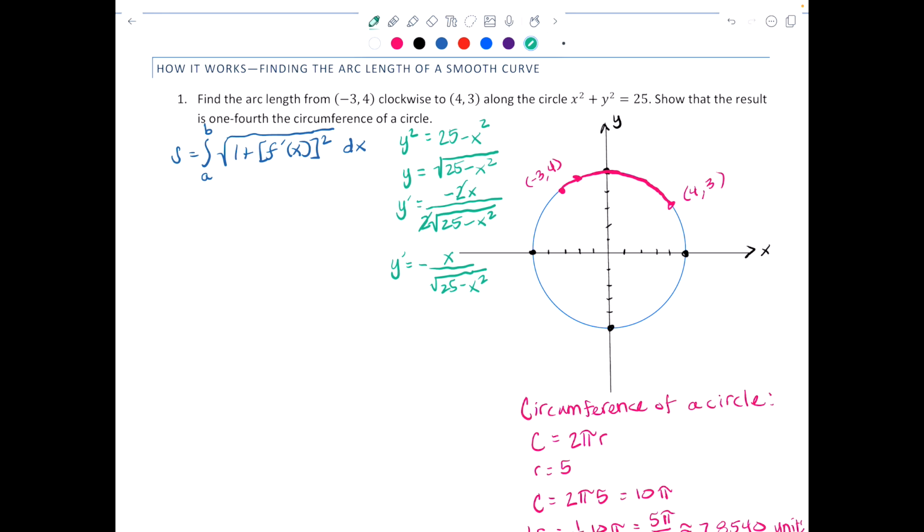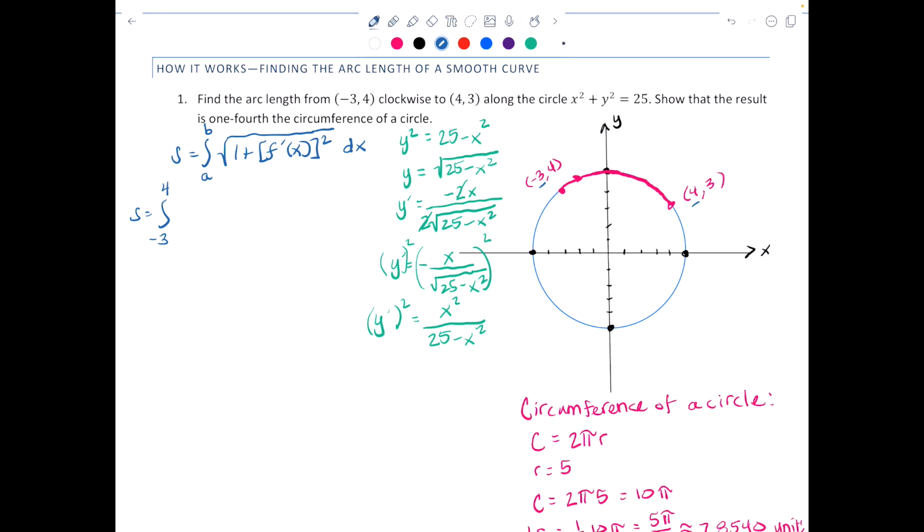Now, that needs to be squared, doesn't it? So if I square both sides, y prime squared is going to be x squared over 25 minus x squared. Let's plug that into our integral. So s is equal to, what is our a? Beautiful, negative 3, and our b is 4, and these are the x values, a to b.